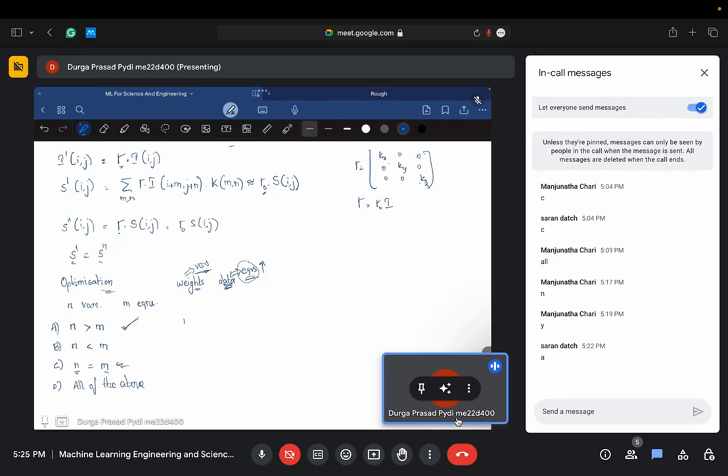So ideally your n should be not exactly equal, but close to m. You will have a better solution. Is this clear, or did I create more confusion? If there are no questions, then maybe we will go to the next one.